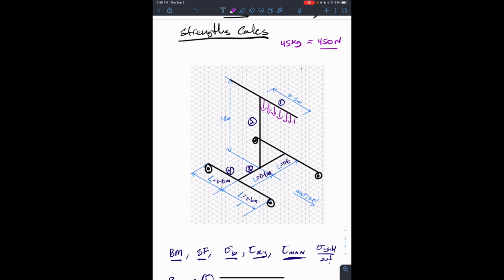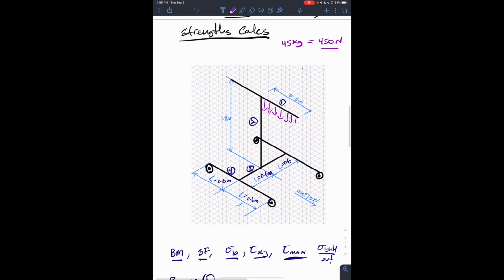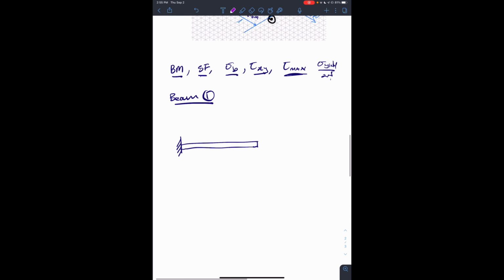So we have baskets, we have loads. So what we essentially end up with here is a cantilever beam with a uniformly distributed load. So for beam 1, we have a cantilever beam with a uniformly distributed load. So the length is 0.5 meters.